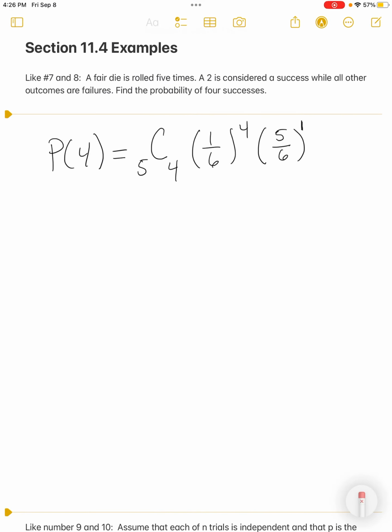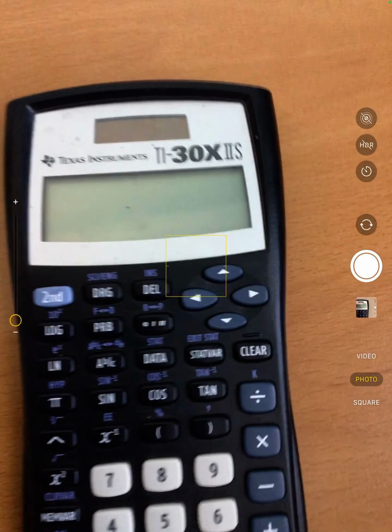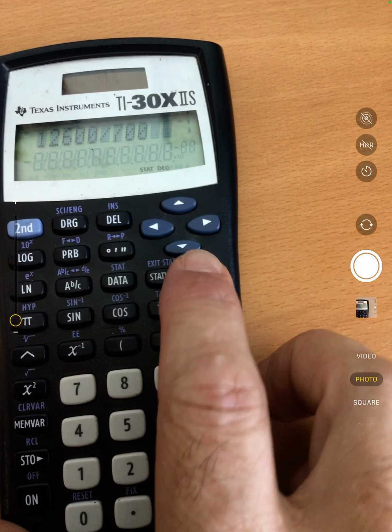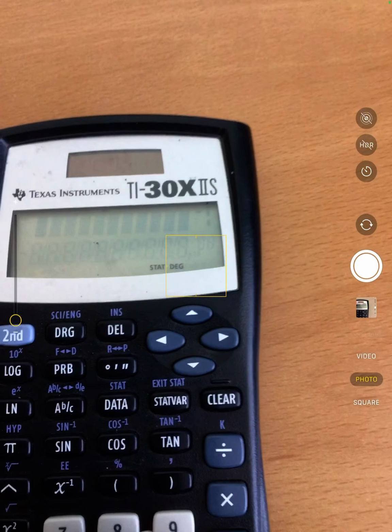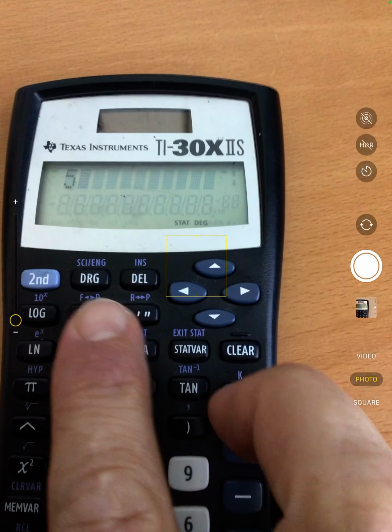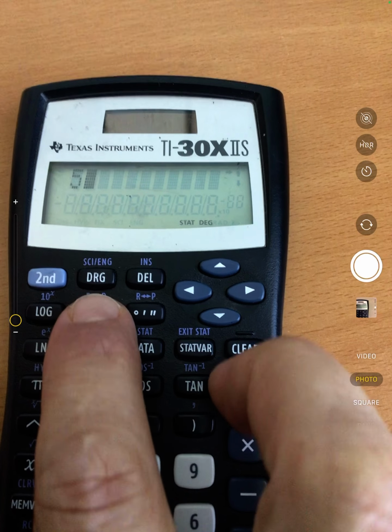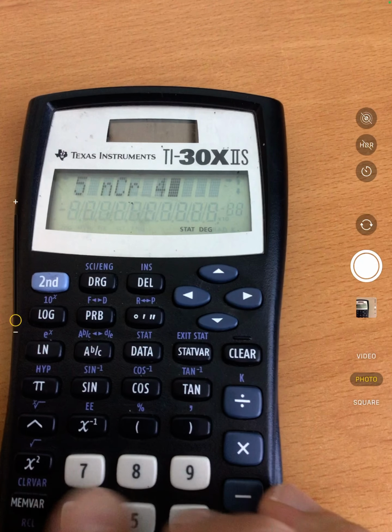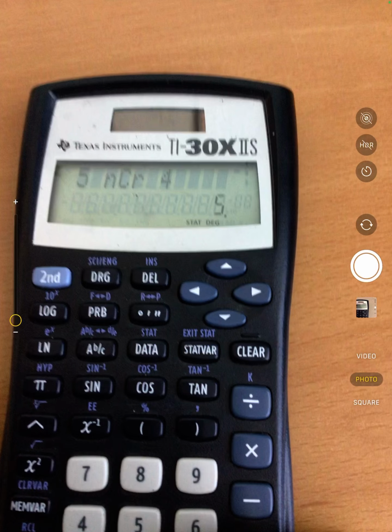And I know in my videos I show this, but let me switch over to the camera and I'll show you my calculator in case that is hard. So I'm going to just clear out what I've done already on my calculator. I'm sorry, it's not so great, but remember we wanted 5, and then I hit this PRB button right here, select the C, and select the 4, and hit enter, and it tells me it's 5.